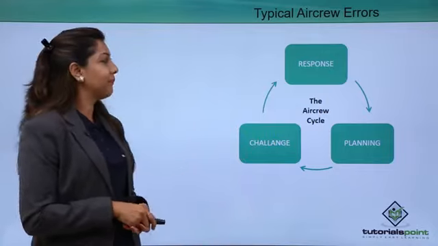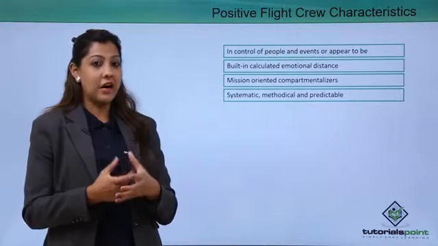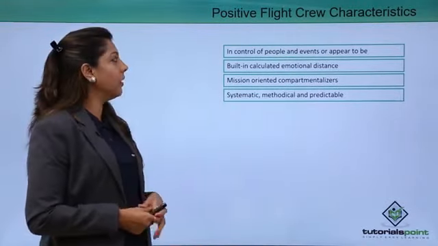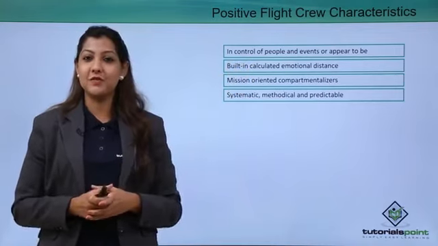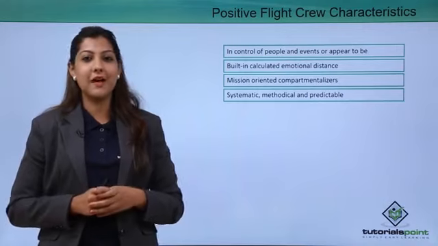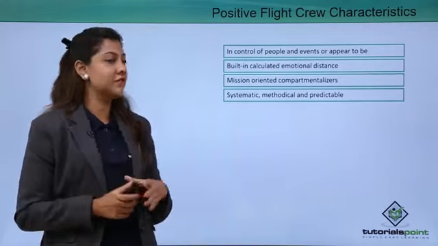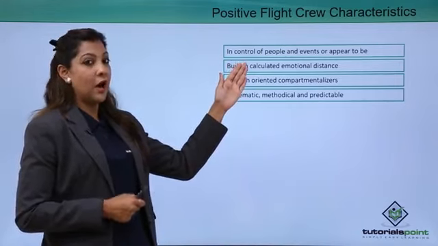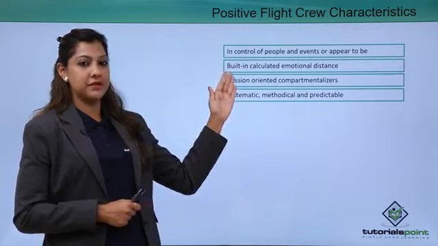Certain positive flight crew characteristics apply to each and every cabin crew member. They are in control of people and events, or rather they appear to be. When you look at a cabin attendant, they look very sure of themselves, very positive and in command of the situation, or rather appear to be. They have an inbuilt, calculated emotional distance.